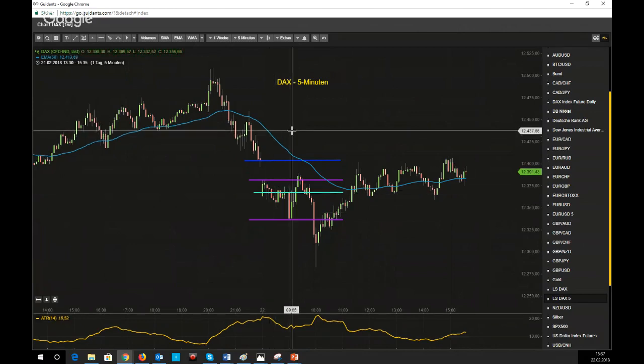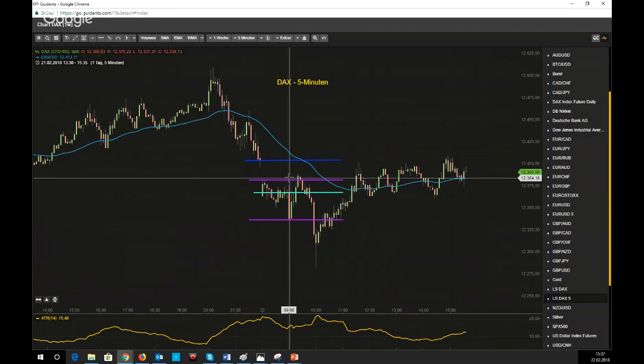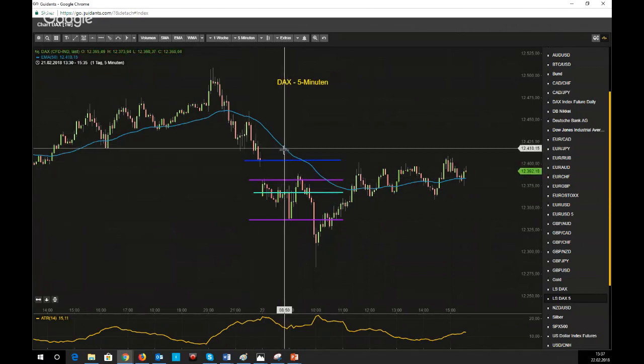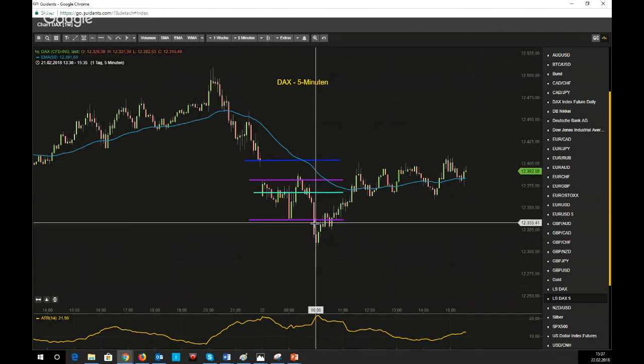So, and then I say, okay, I trade the breakout of the open range on the upside if we trade above this blue line, and I trade it on the downside if we are below that blue line.